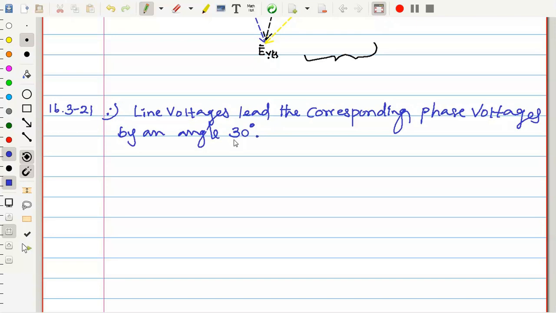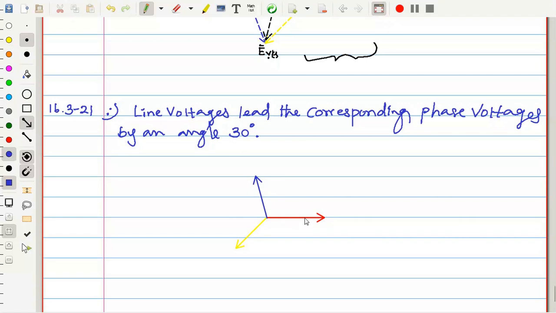From this we can put up many things in this way. So for example, let me take up R phase here, let me take up Y phase here, and B phase here. This is R, Y, B. I am not writing ER, EY, EB. You should understand this.